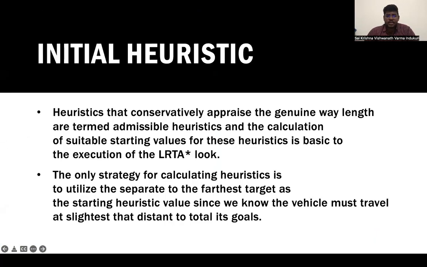And next is the initial heuristic. The essential requirement of the LRTA* algorithm is that h(i) is always less than or equal to the true distance for any node i.